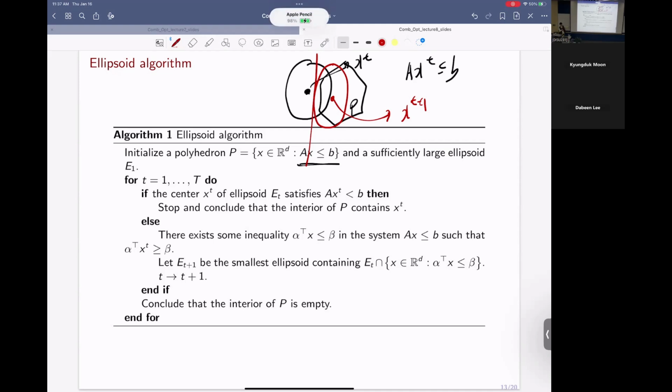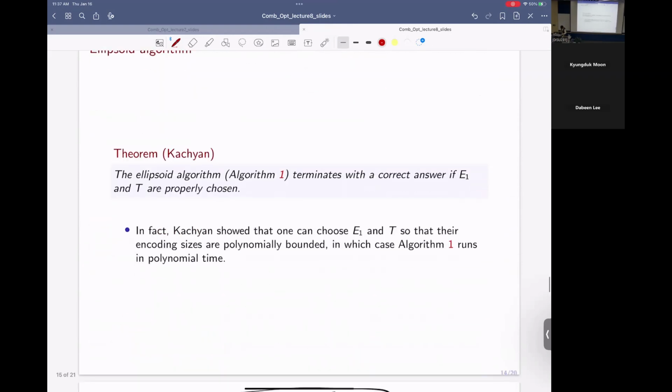This is a basic outline, but which ellipsoid you have to choose is an important question. In fact, Khachiyan proved that you can design a sequence of ellipsoids which gives you polynomial time termination of this procedure and solves the feasibility problem.